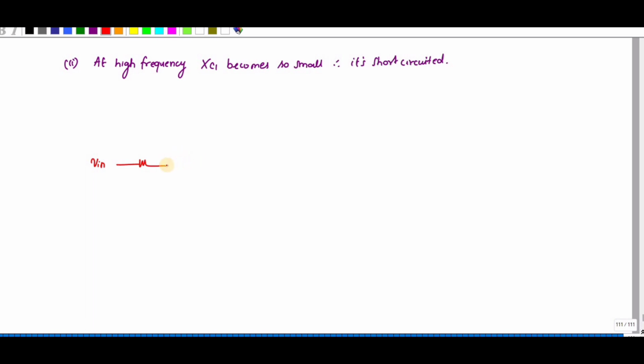So what will happen at high frequency? At high frequency, XC1 becomes so small. Therefore, it is short circuited. So if it is short circuited, my diagram will look like this, right?